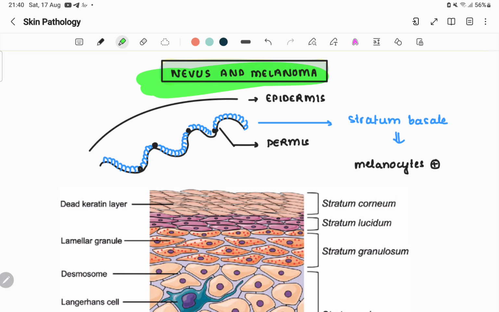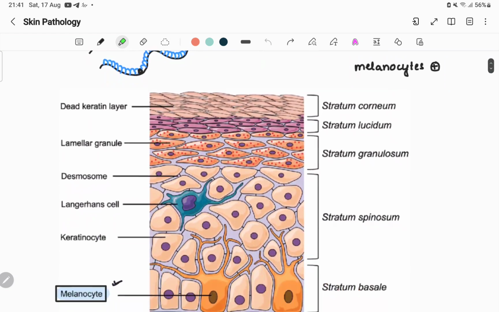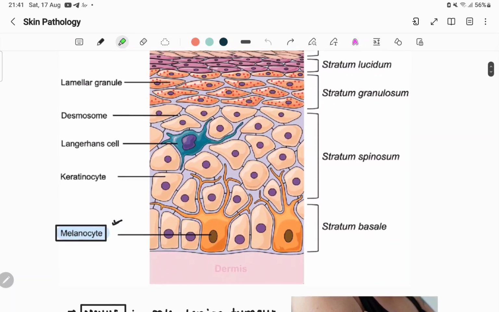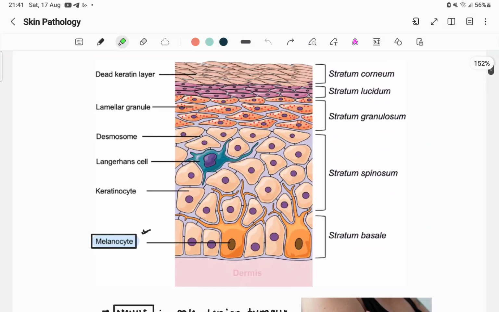In these conditions, nevus and melanomas, the melanocytes lose their polarity and are deposited here and there, due to which a dark spot is formed in your skin, right? Look at this part. I guess you all know the layers of the epidermis. This is the uppermost layer, stratum corneum. This is stratum lucidum, which is not present everywhere but only in thick skin.